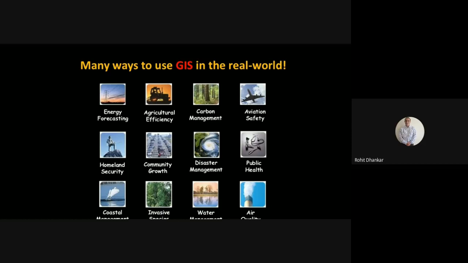Now agriculture. In the agriculture sector, there are various startups coming up nowadays which are working on NDVI, that is the normalized difference vegetation index, which works on the health of the crop.